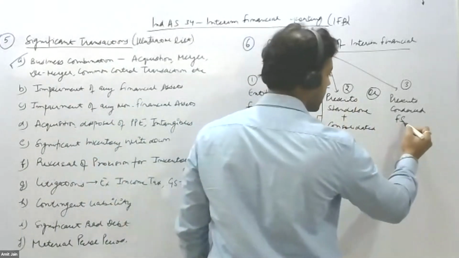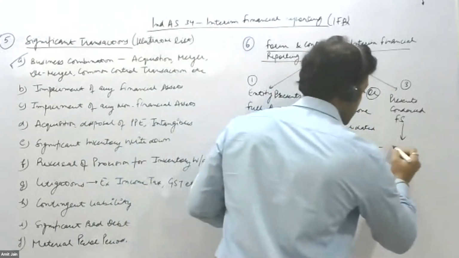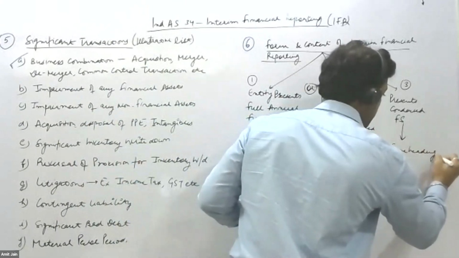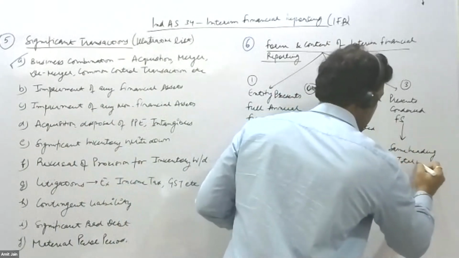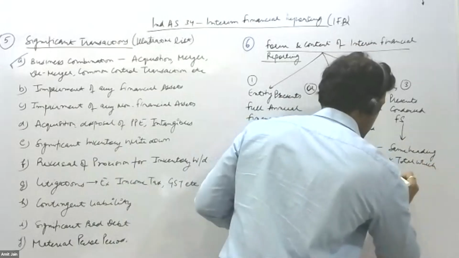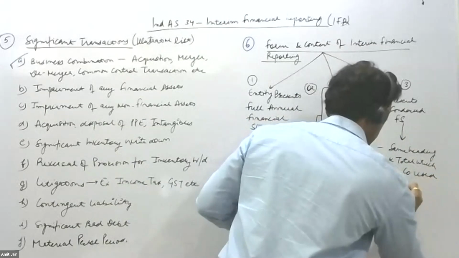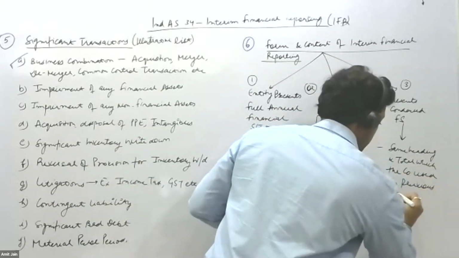If the company presents the condensed financial statements, then the company has to follow the same heading and totals which the company used in the previous annual reporting.